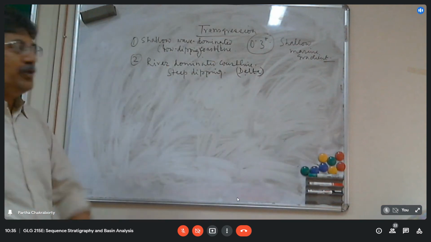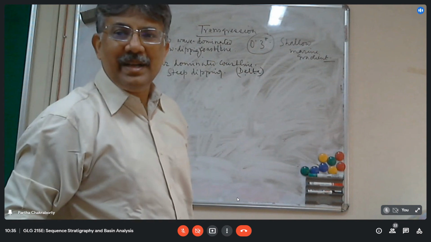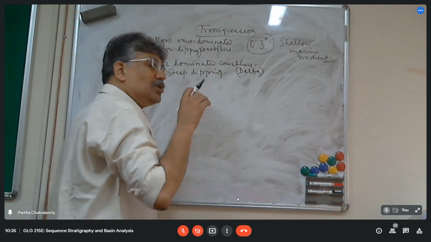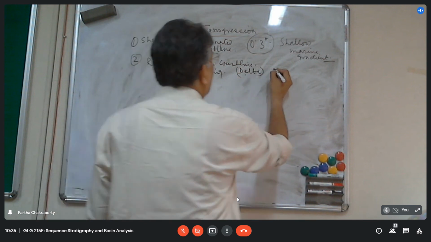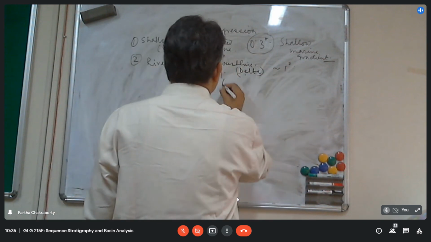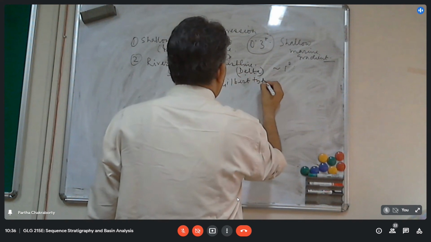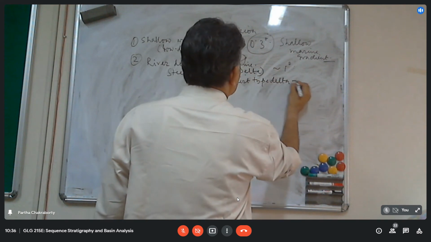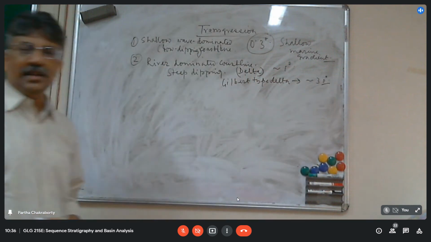Whereas if you go to the river dominated delta, in the common case, the slope of the coastline goes almost up to 1 degree. In a Gilbert type delta, that slope may go even up to 30 degrees.